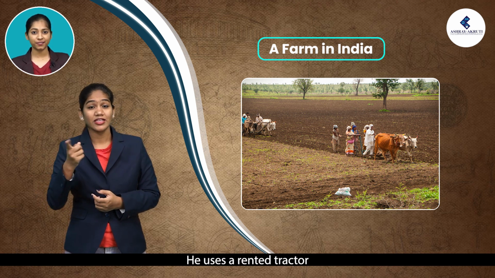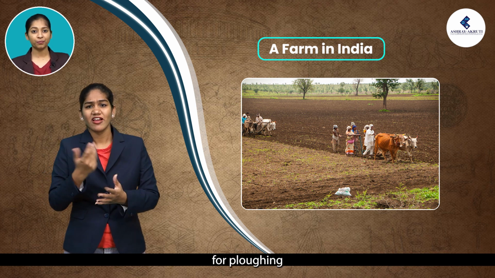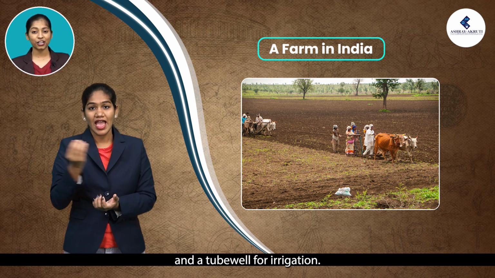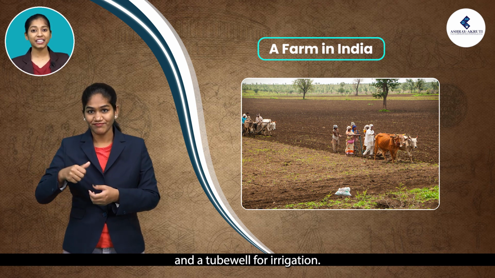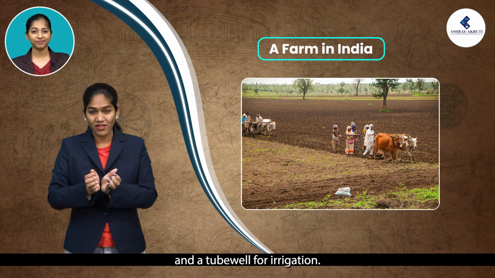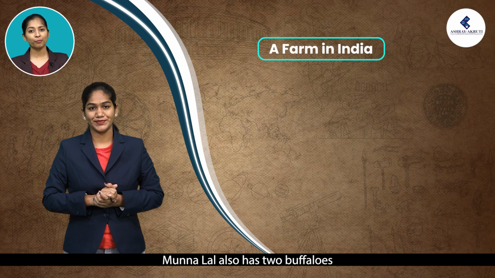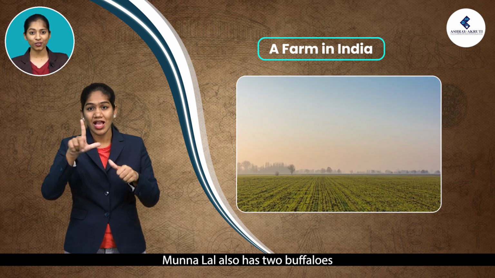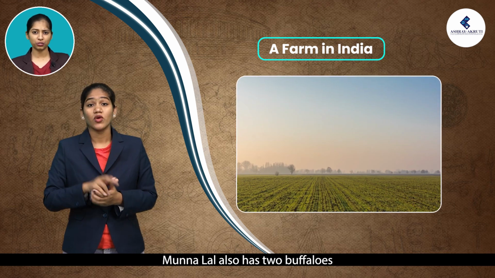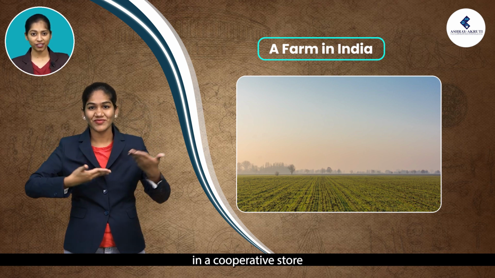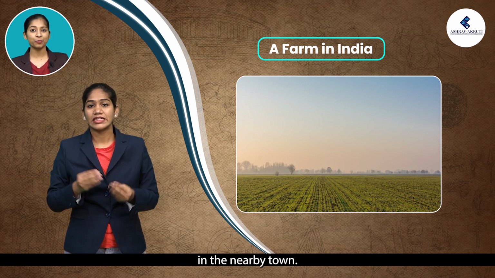He uses a rented tractor for plowing and a tube well for irrigation. Munna Lal also has 2 buffaloes and sells milk in a cooperative store in the nearby town.